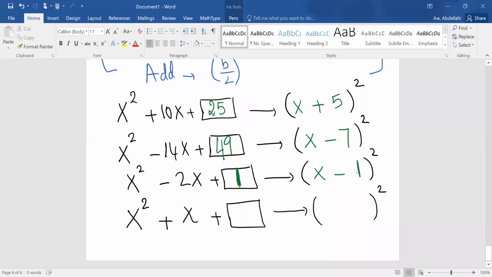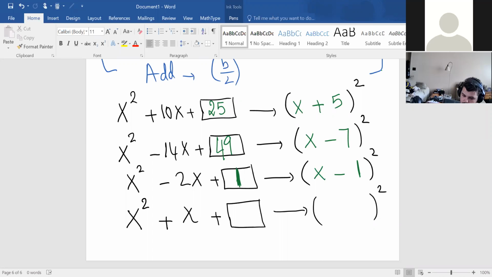Now comes the last one. Half. But you have to tell me exactly what number to add. Is it 1/2 or what? No, 1/4. You have to square it. Always, don't forget, you always have to square that number, okay?